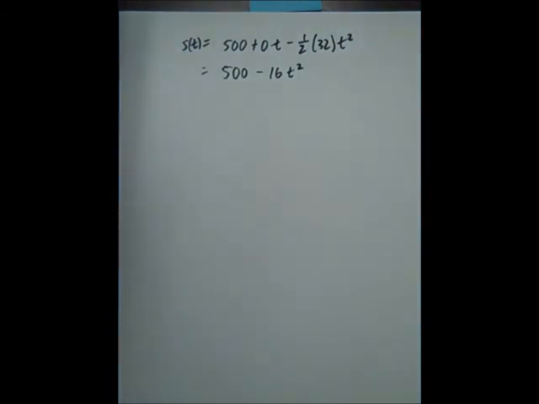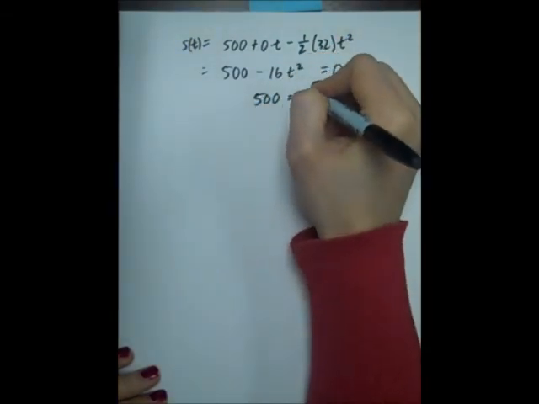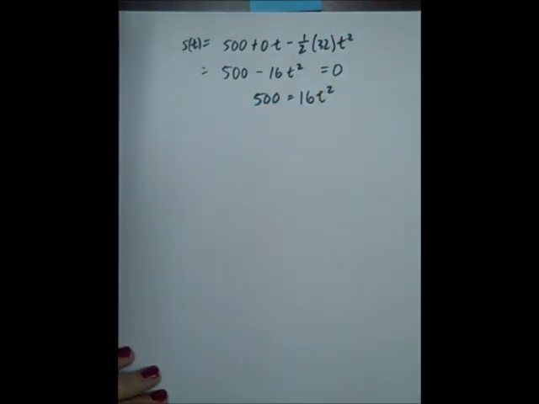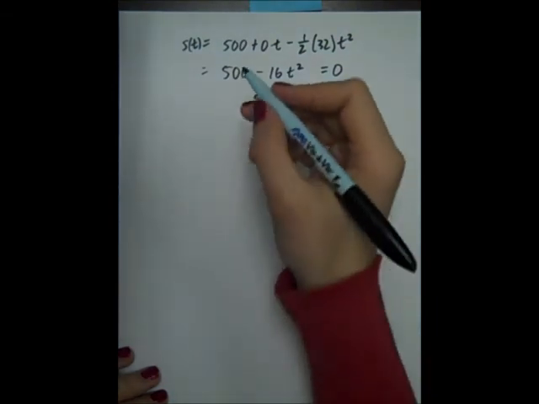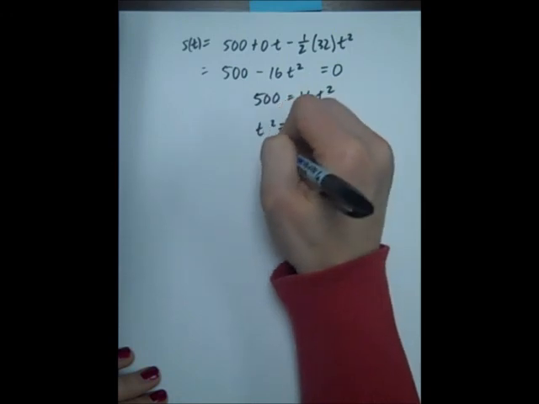Alright, so go back to our game plan. What we wanted to do was find where s of t was equal to 0. That's going to tell me when it hit the ground. So I'm going to set this equal to 0. So 500 is 16t squared. I'm going to divide both sides by 16, then take the square root.